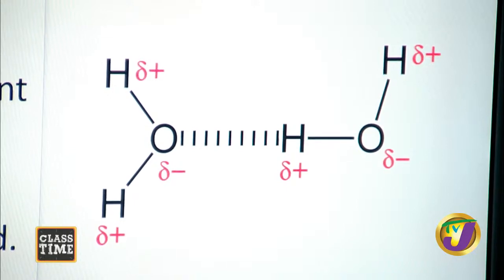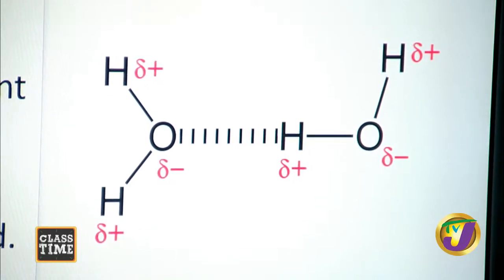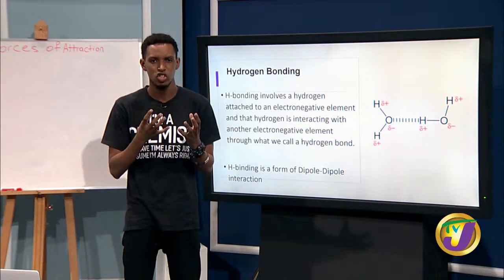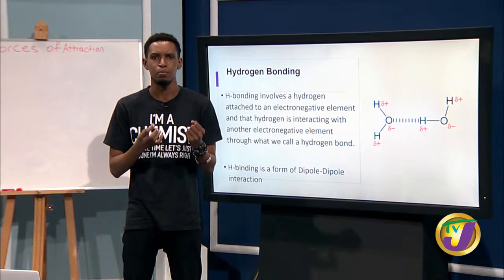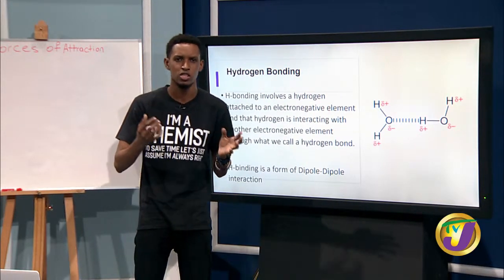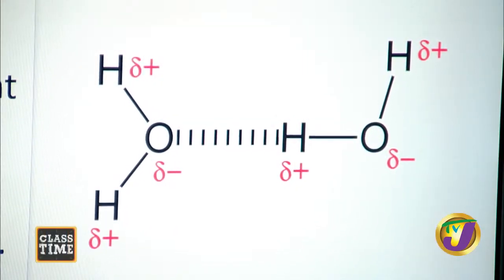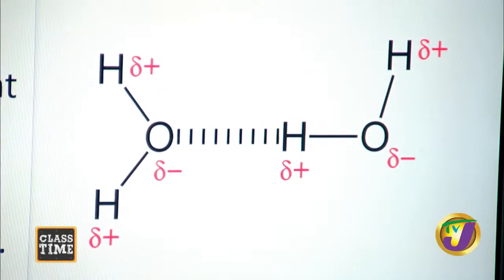Since oxygen has excess electron density around it, it bears a slightly negative charge, as you can see from the diagram. And the hydrogens bear a slightly positive charge because the electrons are being pulled towards the oxygen and away from the hydrogen.